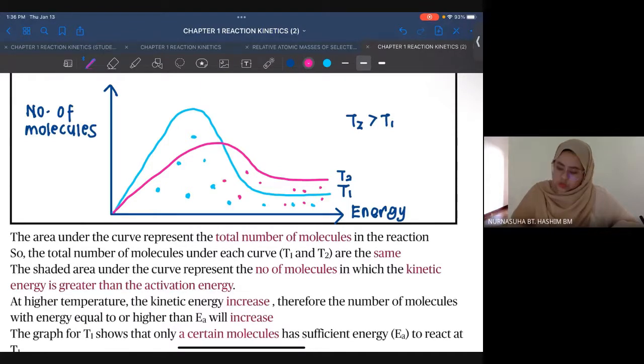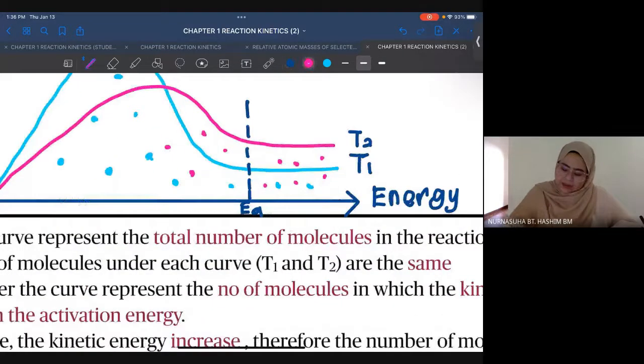9, 10 contoh. So next, label dekat sini. Okay, this is EA, your activation energy. Okay, so cuba kita bilang.